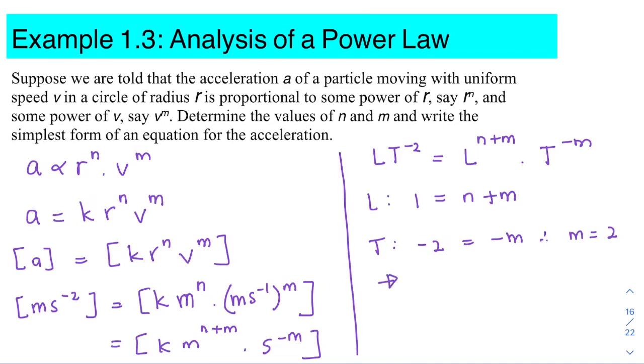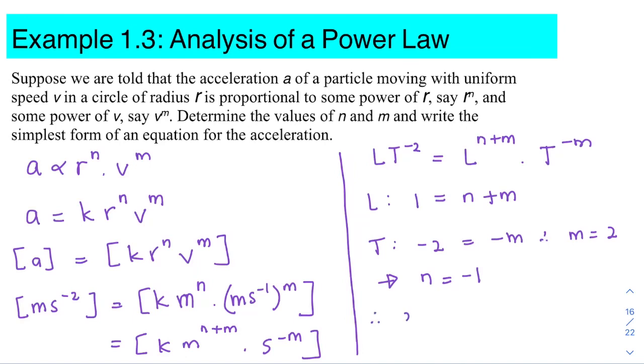From there, you can have n equivalent to -1, isn't it? Then finally, you are going to put the information of the power, m equivalent to 2, n equivalent to -1, into this equation, right?